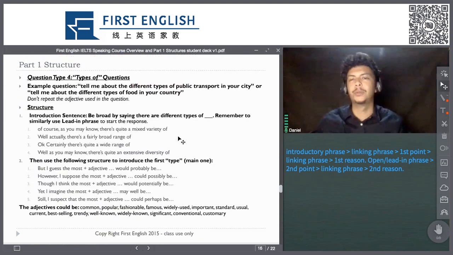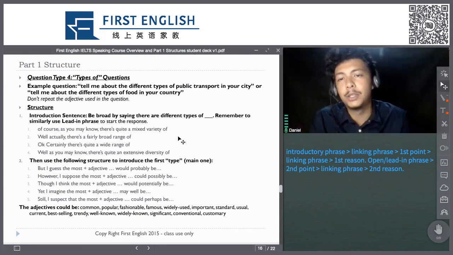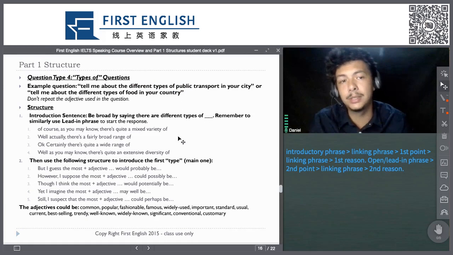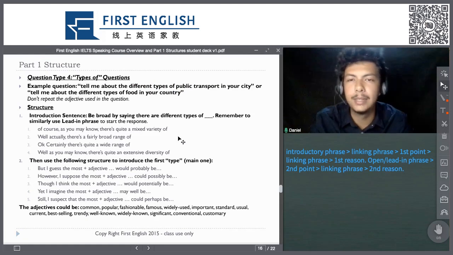So now we're going to move on to the structure of question type number 4, or types of questions. An example of this style of question would be something like, tell me about the different types of public transportation in your city, or tell me about the different types of food in your country.